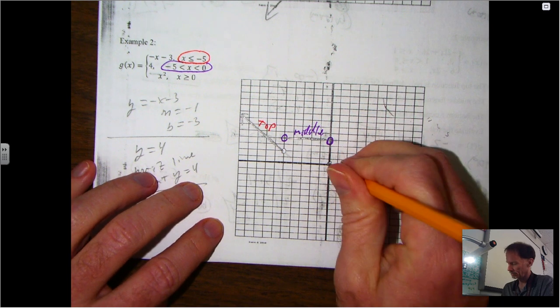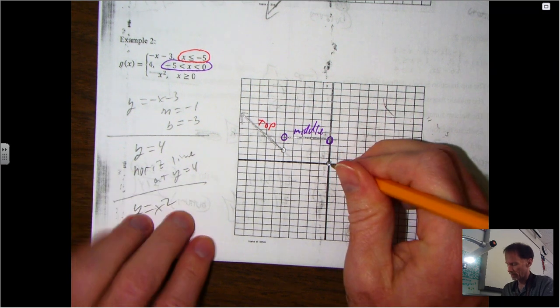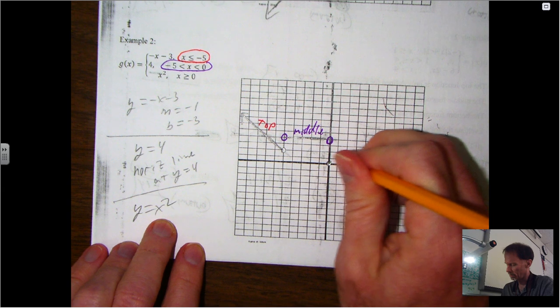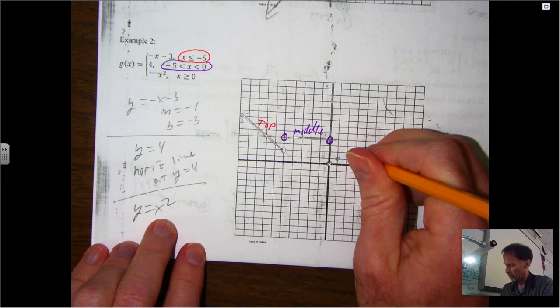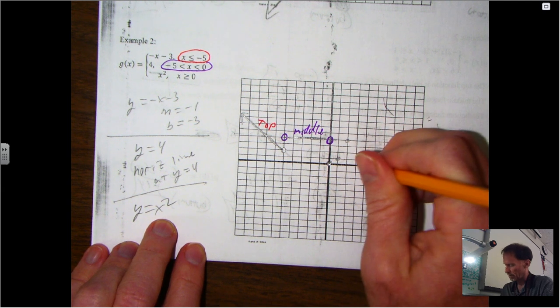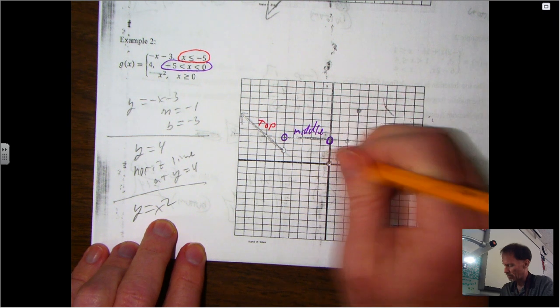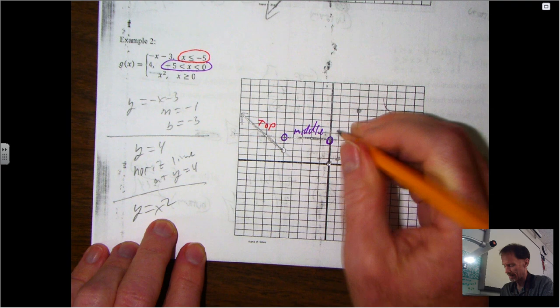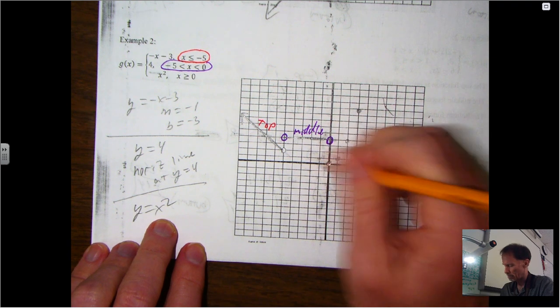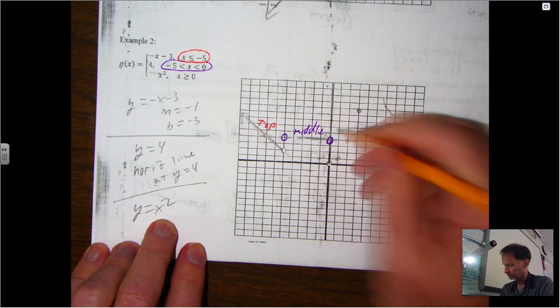So for the parabola, it starts at 0. And of course, if you plug in 1, 1 squared is 1, 2 squared is 4, 3 squared is 9. And we could go backwards, even though I know already that I don't have to. But that would be what the whole parabola looks like.